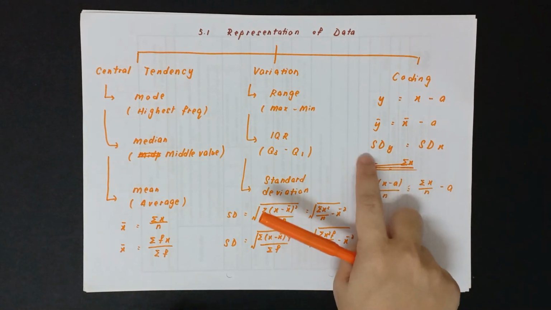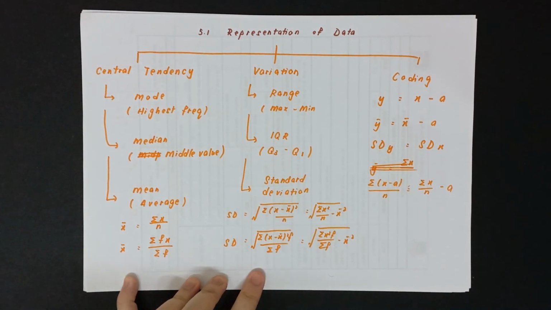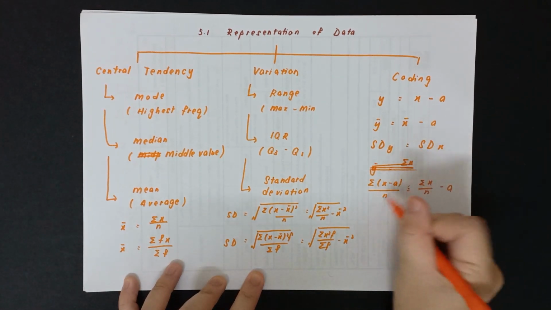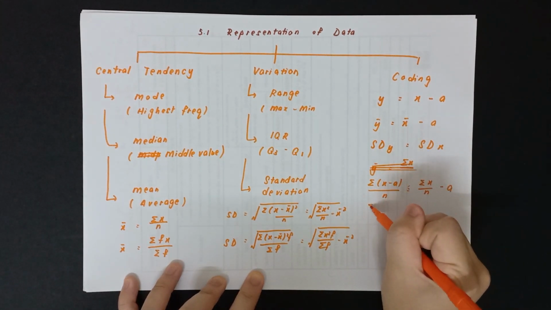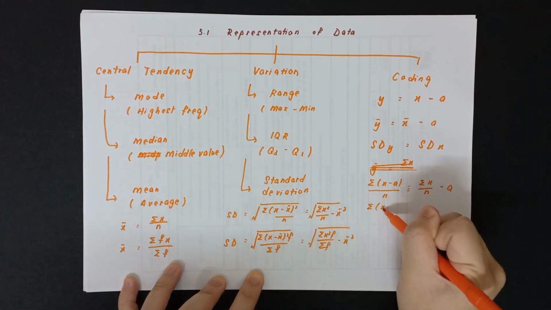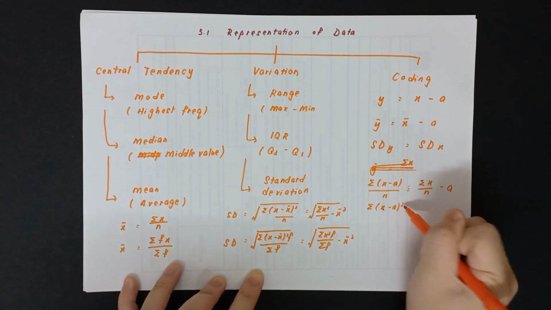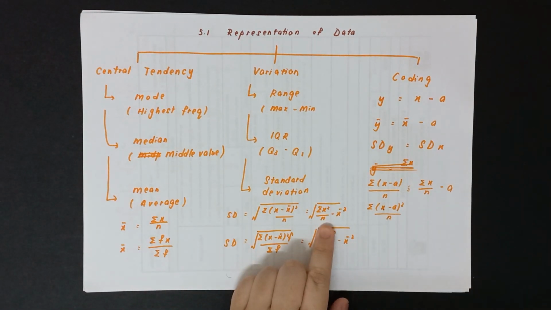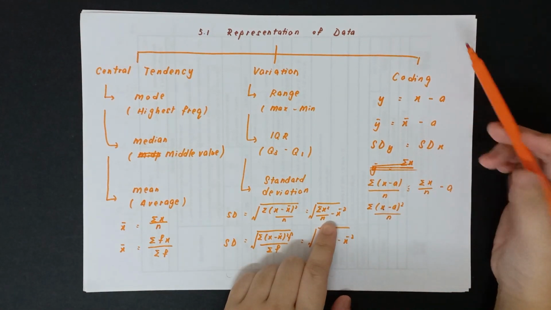Okay, then after that, when you have standard deviation, what do you have? Since the standard deviation is the same, for y it's going to be the sum of every data minus a, squared, divided by n. I'm using this formula. My x now becomes x minus a because I want the sum of y. So what is the y square?